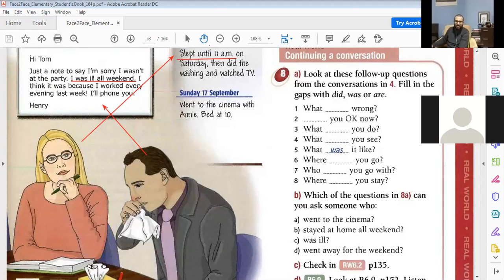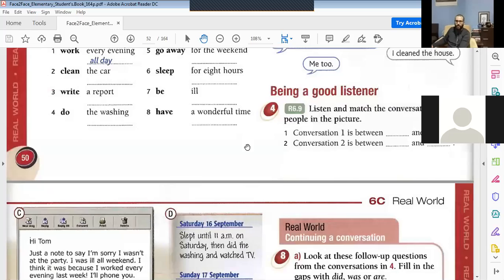And on Saturday, she did nothing, just watched TV, and she did the washing. It means she did the washing, the clothes, I mean. And after that, on Sunday, she went to the cinema, and then she slept early. So she had a quiet weekend, right? Very quiet weekend. All right, very nice. So these are the four people in our story.